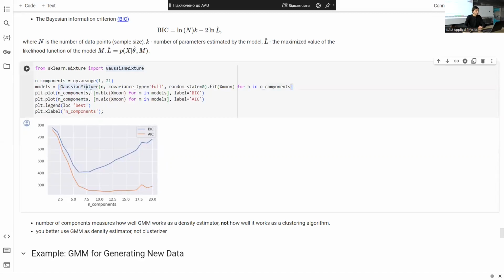I have my GMM, where n is the number of components. I'm trying different numbers of components, starting with 1 component and up to 21 components, and performing the GMM. And here I plot the number of components versus BIC or AIC.